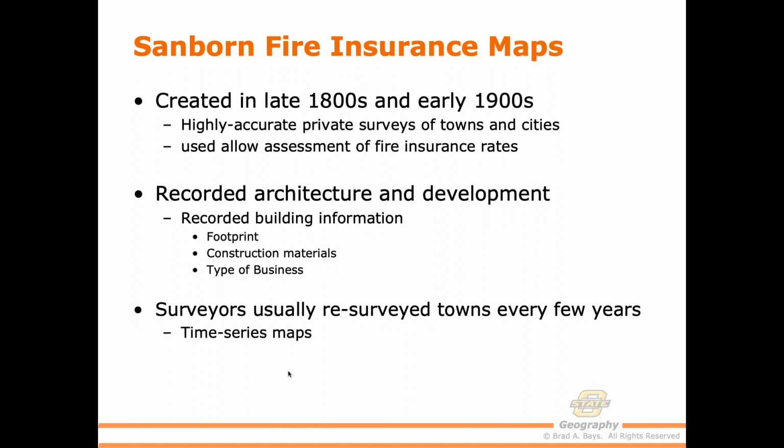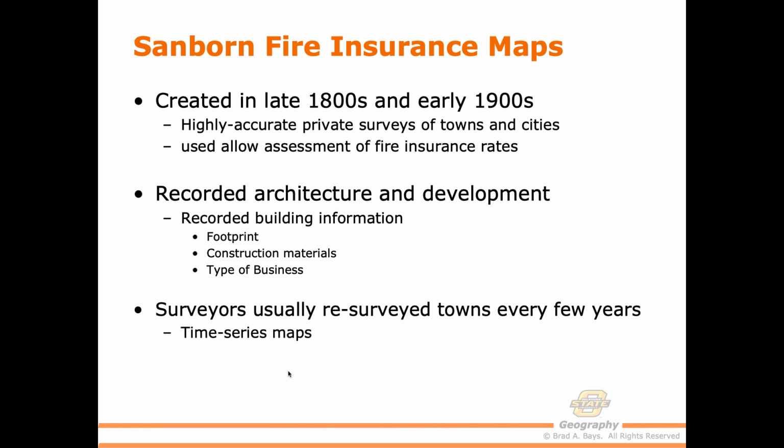The growth of the insurance industry, particularly for cities, was something that required insurance companies to have an idea of risk. And so the risk associated with a building, a commercial building or a home burning to the ground is what these maps were created for.